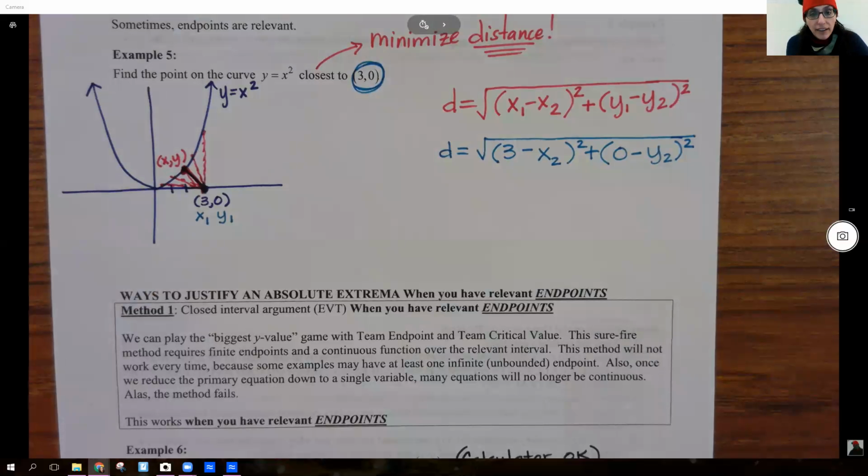So there is another equation that could be our helper for this. Does anybody know what it would be? Could you replace y with x?